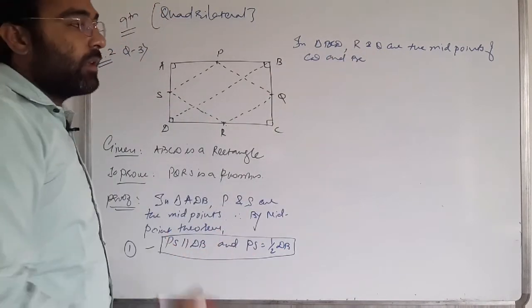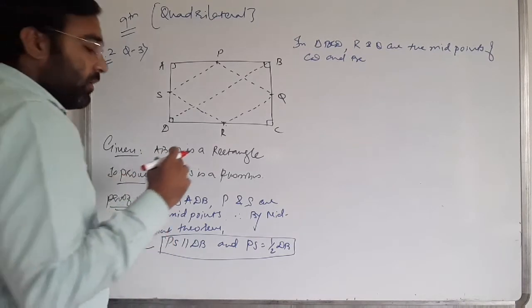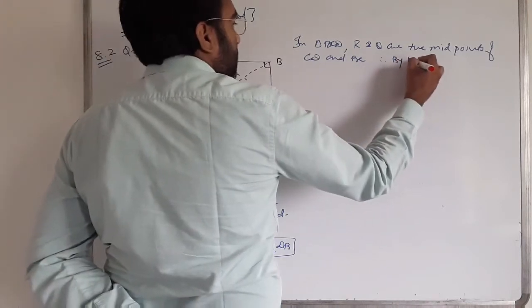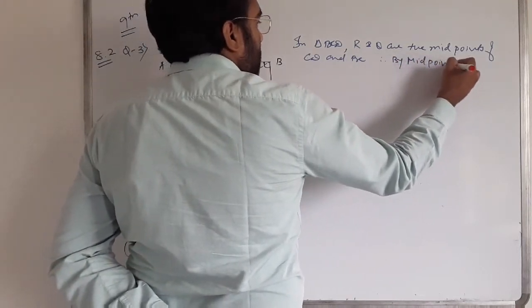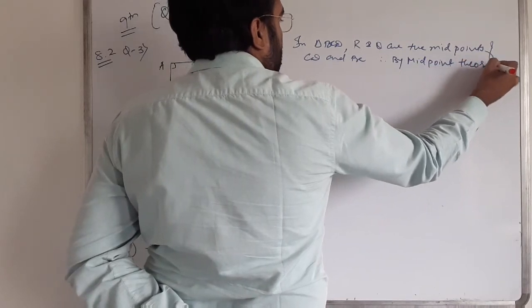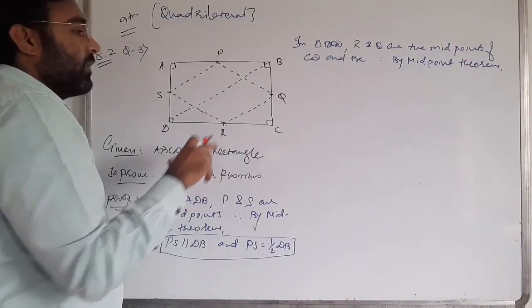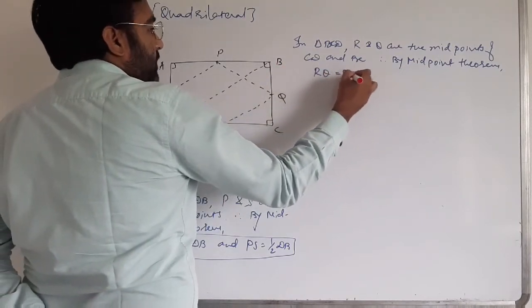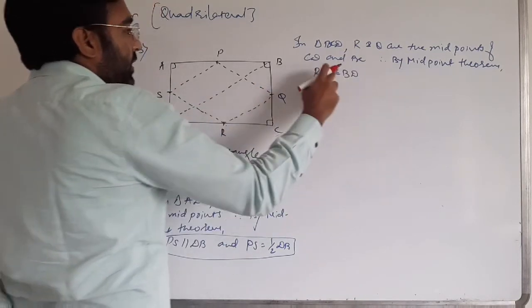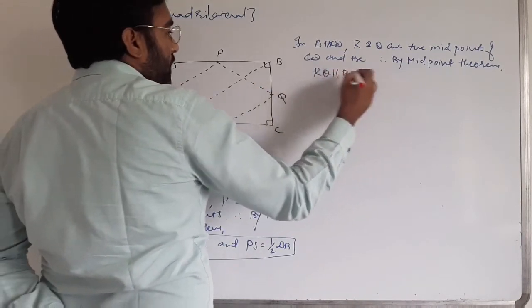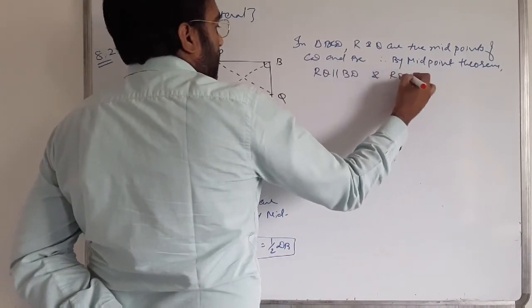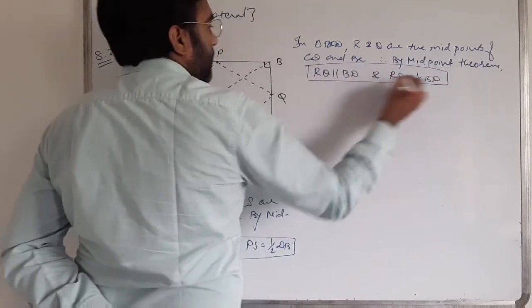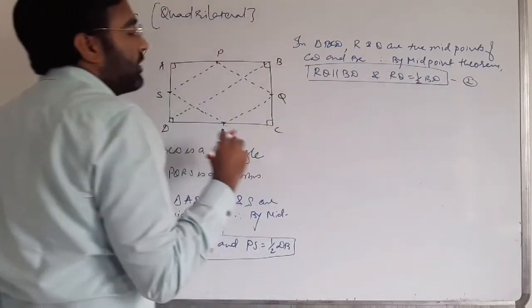Clear? So by the midpoint theorem also, RQ is parallel to BD and RQ is equal to half of BD. This is my equation 2.